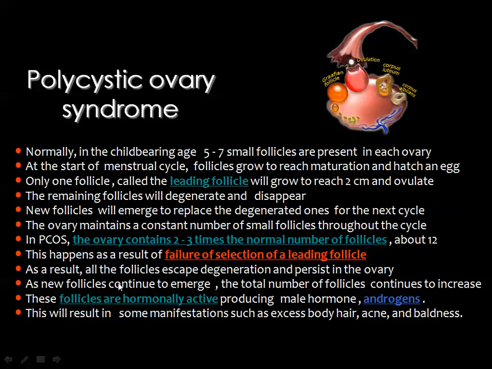New follicles will appear, and the number of follicles will increase. The follicles are hormonally active, they produce androgen, and this will result in manifestations of virilization, such as excess body hair, acne, and baldness.